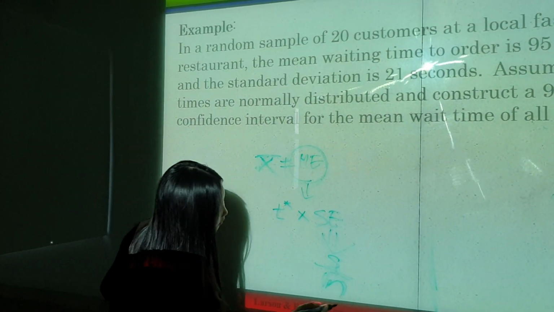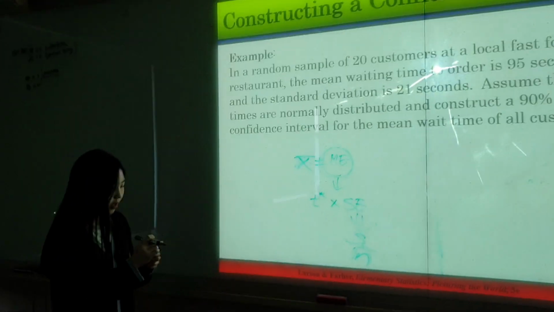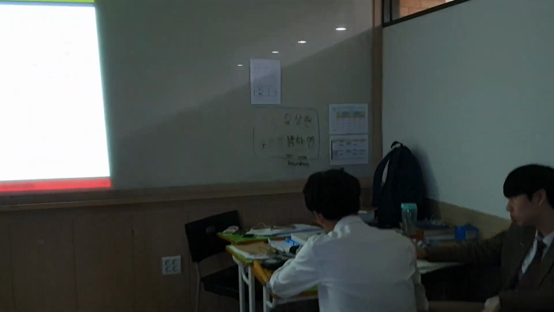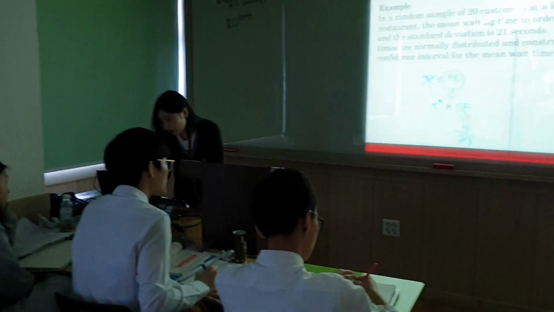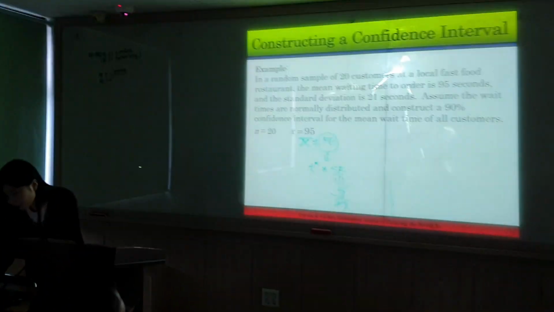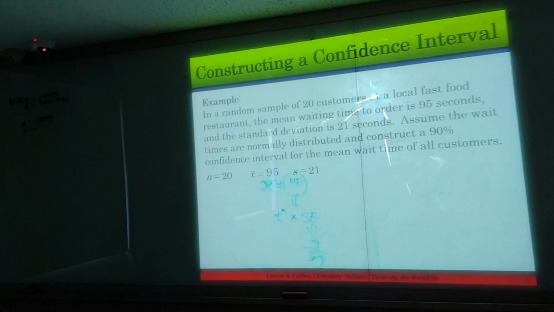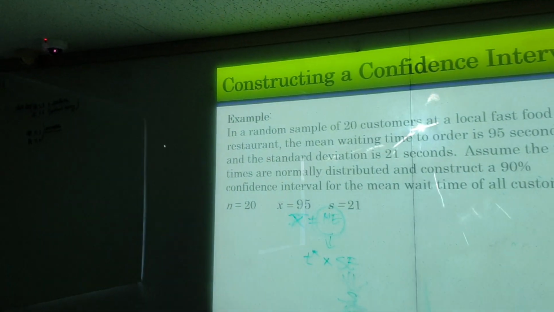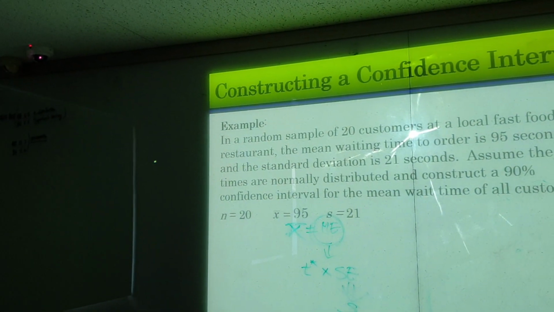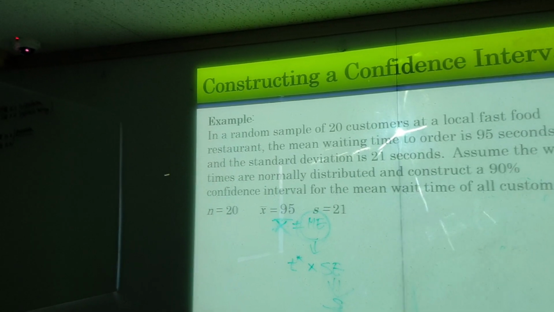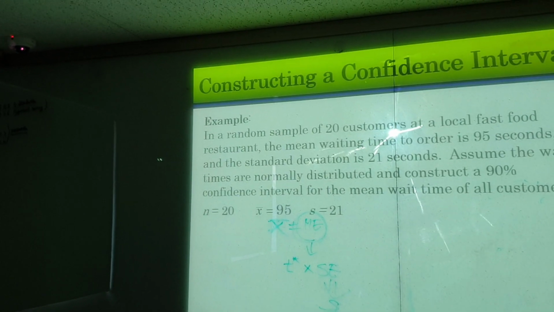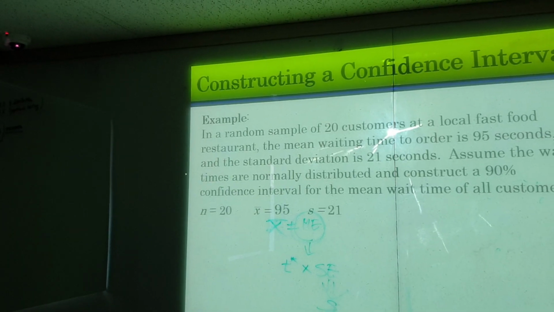Here n is the sample size and s is the standard deviation of the sample. So in this problem, what is t critical? The t value, which we found with the inverse t function.